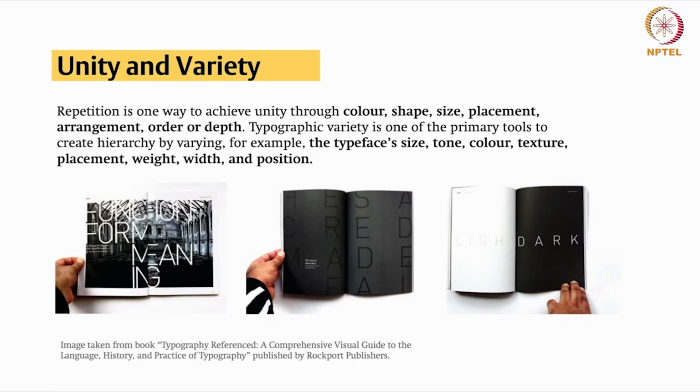Whereas variety introduces contrast and differences, adding interest and preventing monotony. Together, unity ensures balance while variety keeps the design dynamic and engaging, right? And this engagement happens through a thoughtful interplay of consistent and diverse visual elements.